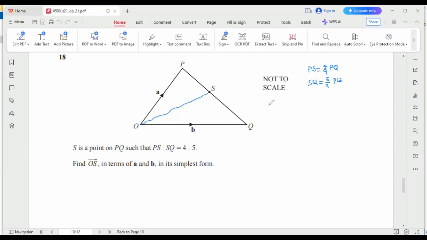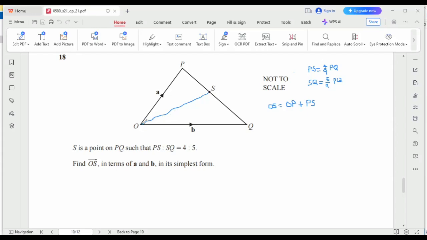So you can say OS, I should be putting arrows on top, but that will be stressful, OS is equal to me going first from O to P, and then going from P to S. We could also go from O to Q and then from Q to S. Any of the 2 routes you take give you the same answer.